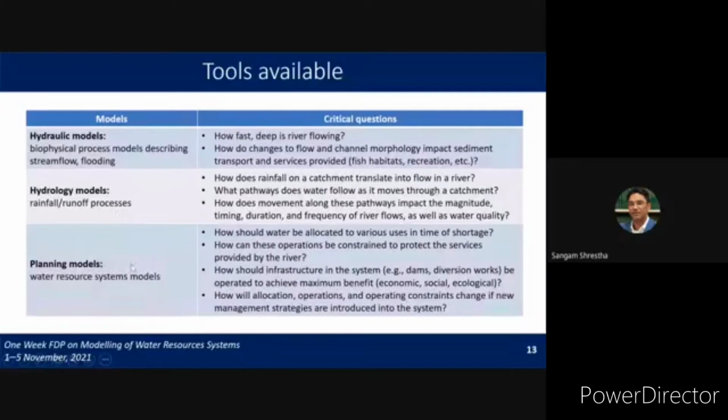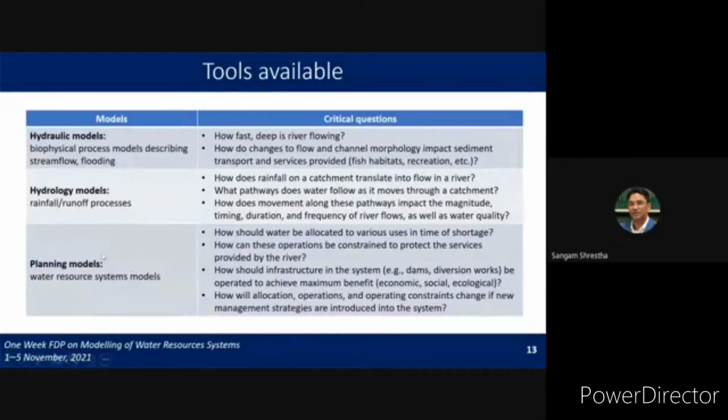Similarly, there are models called water resources systems models, and these can be used to see how we can allocate water resources to different beneficial sectors, or how we optimize the water resources allocation to different beneficial sectors.